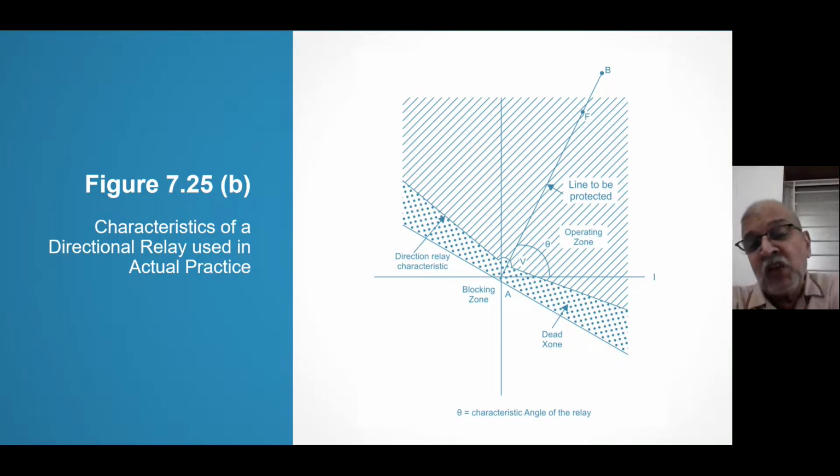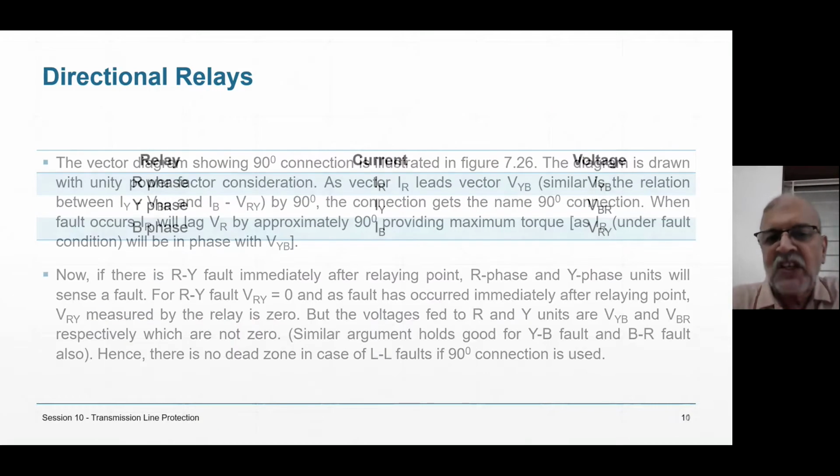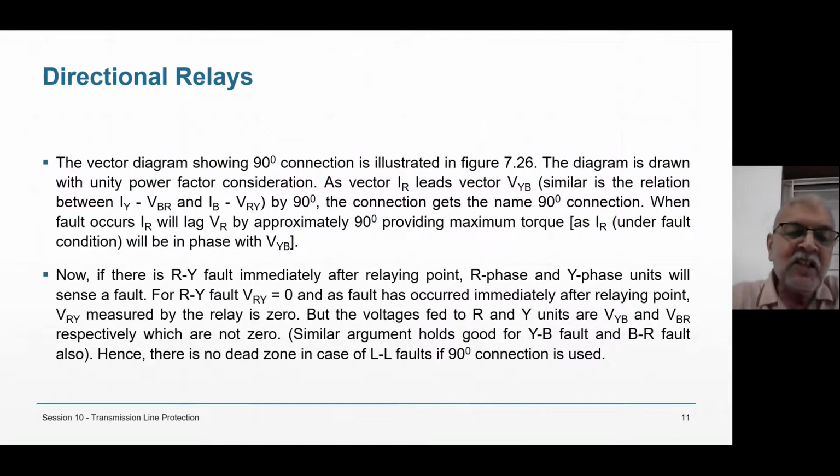In this case, the numerical relays give the facility of SOTF, switch on to fault. So actually dead zone is theoretical. There is nothing like dead zone. So this is to be understood. What I was trying to tell is how we are measuring the angle between the voltage and current. That is the main thing that we were talking about.